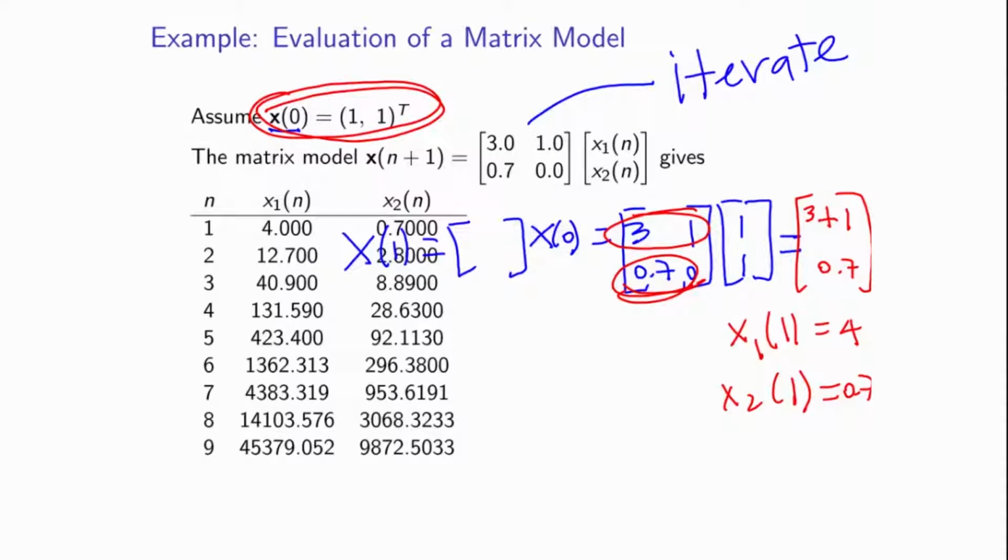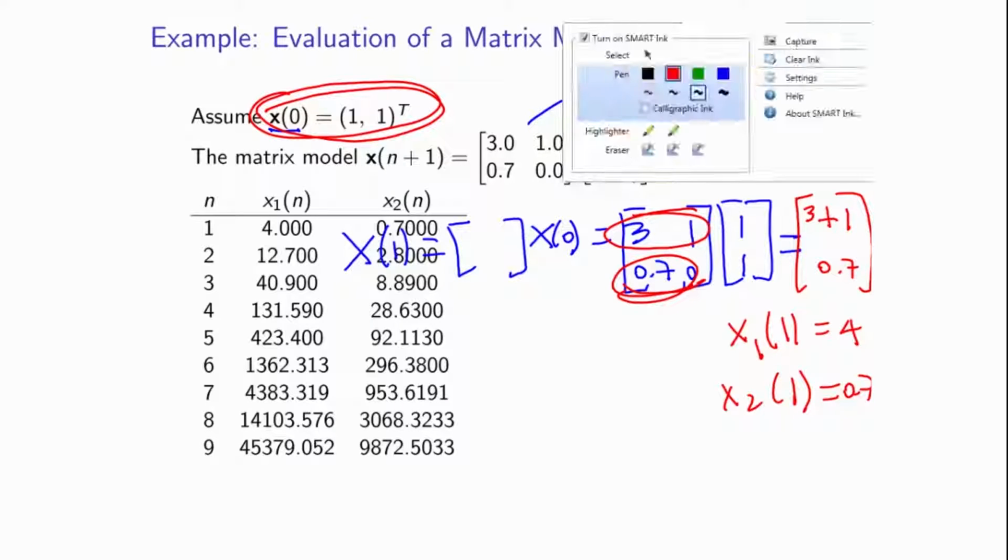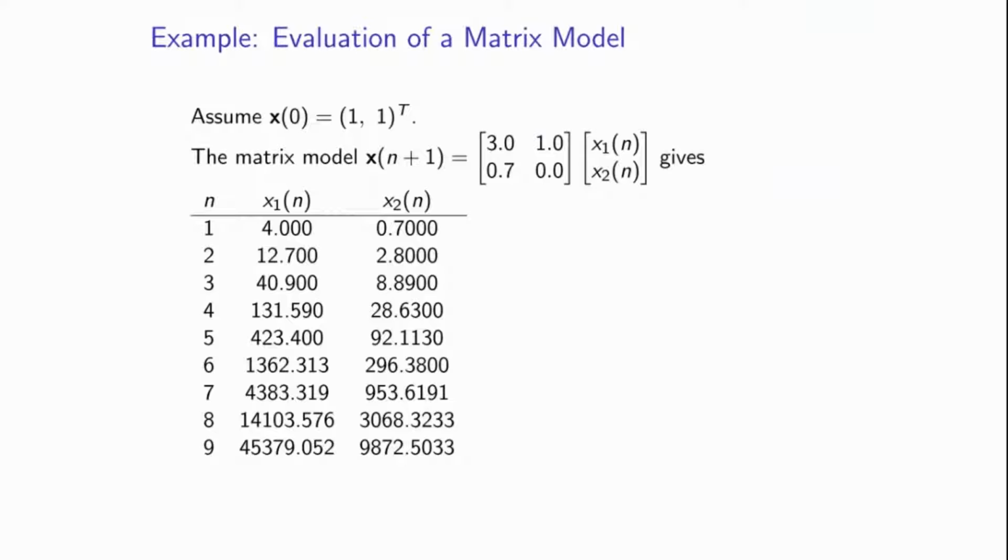So let's see, this is how these values here come. This is how these values are calculated, right? You can see how in this first column, we're listing the iteration number or the time step.